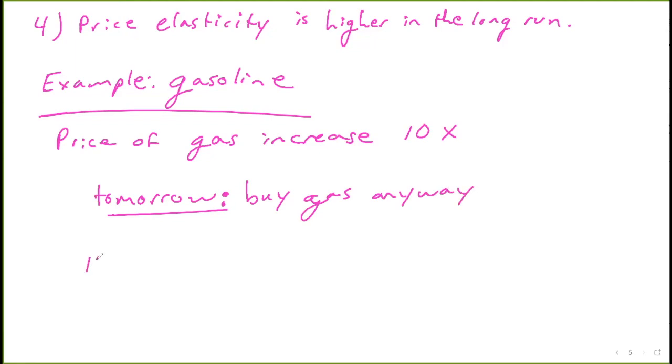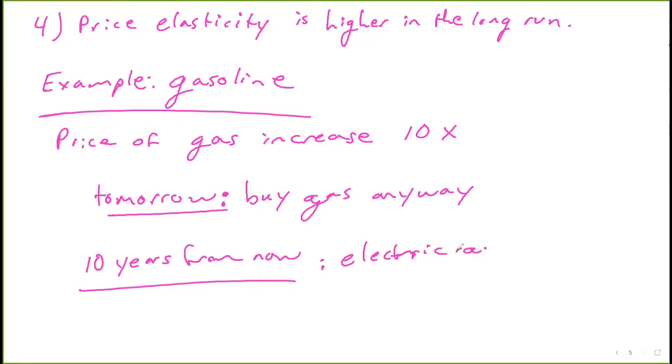But if we say 10 years from now, well, 10 years from now, if gas stays this expensive, we're going to have new technology, probably lots of electric cars. People might move closer to work.